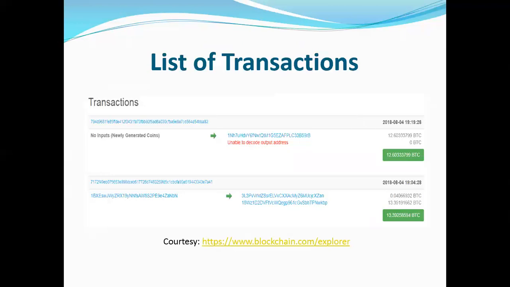Now, look at the transaction list. Here you cannot identify who is the sender and who is the receiver. Instead, you can determine that a transaction occurred from this unique address to that unique address. And by looking into the transaction, you can validate it.